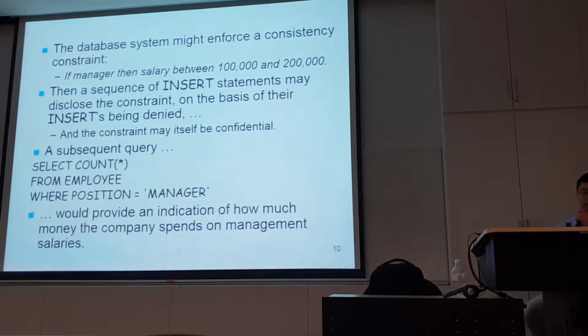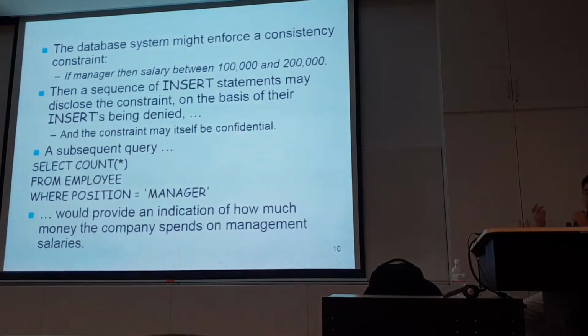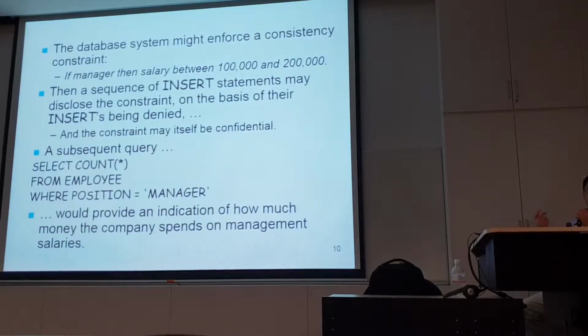In this kind of example, you can insert a random value for salary. Then by looking at whether it's rejected or accepted, you can identify the range. And subsequently you can find out the total amount of money paid to all the managers and so on.